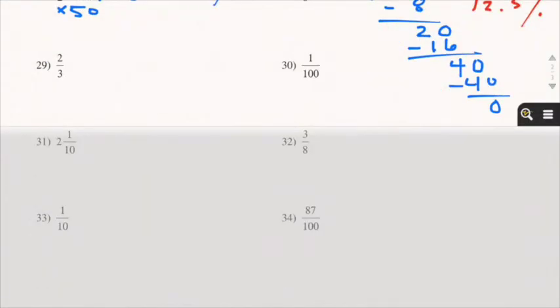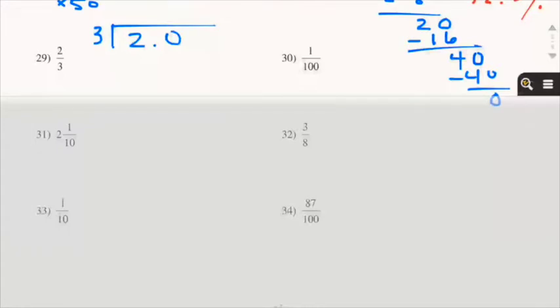Okay, number 29. 2/3 into a percent. So same thing as we did on the last problem where it's difficult to multiply the 3 by some factor to get 100 in the denominator. We're going to do the division method. So we have 3 on the outside, 2 on the inside. Bring the decimal up. 3 goes into 2 0 times. 3 goes into 20 6 times. 6 times 3 is 18.